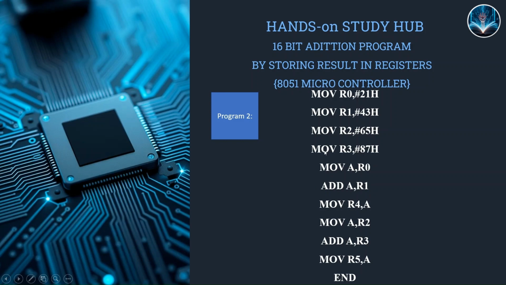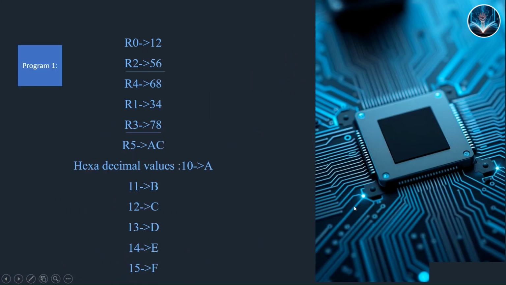The next program considers 4 registers with 21436587 as LSB and MSB data. Here you can add the R0 content with R1 and the R2 content with R3, as you wish, and then store the result in registers. So this is the process.